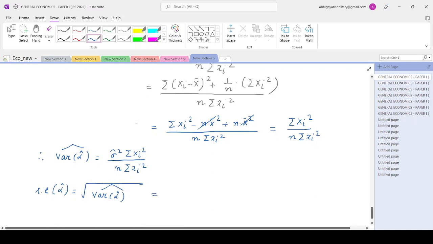So that is basically sigma hat times the square root of summation capital X_i square over n times summation small x_i square.